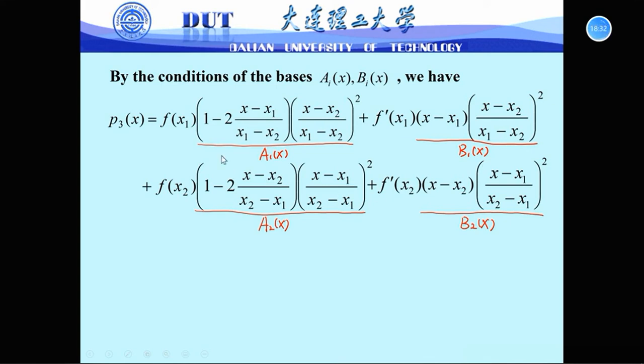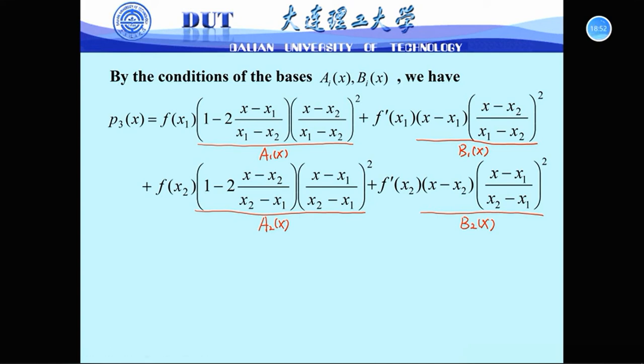It's okay? So you only need to know this is a Hermite interpolation formula for two function values and two derivatives. So we can obtain a unique cubic polynomial denoted by P3.